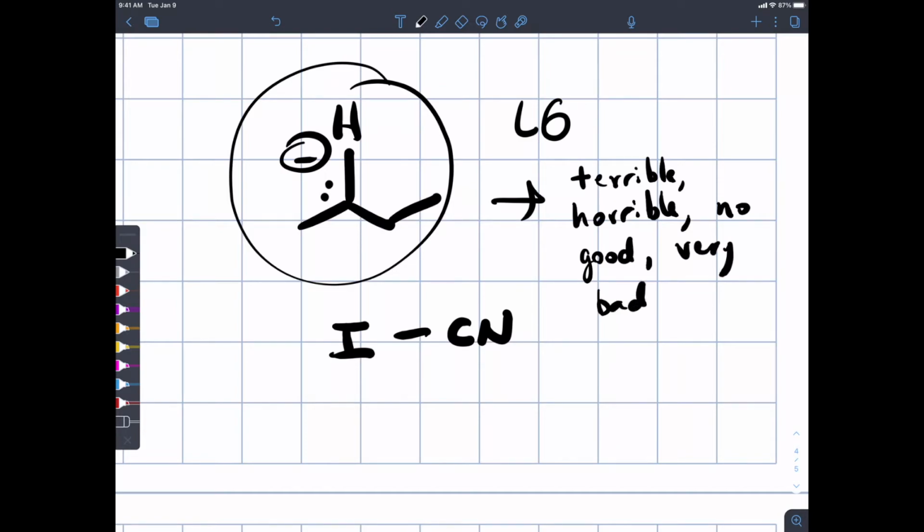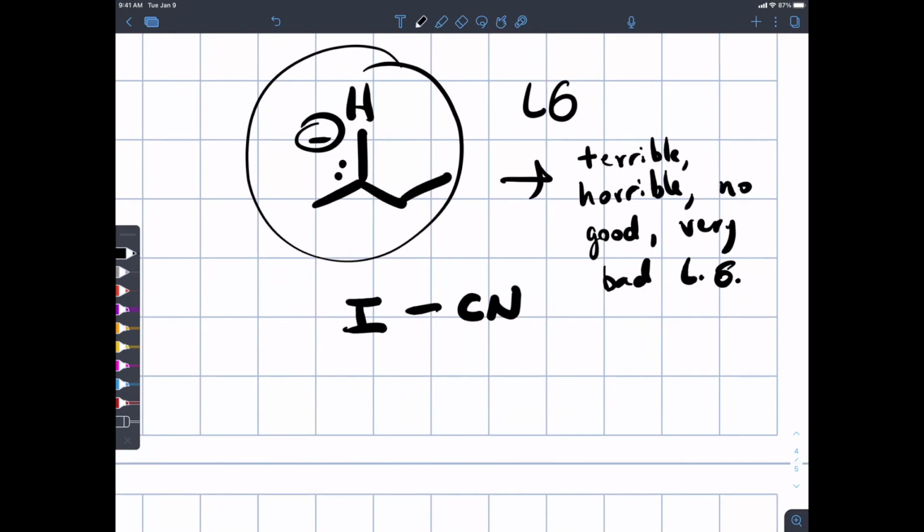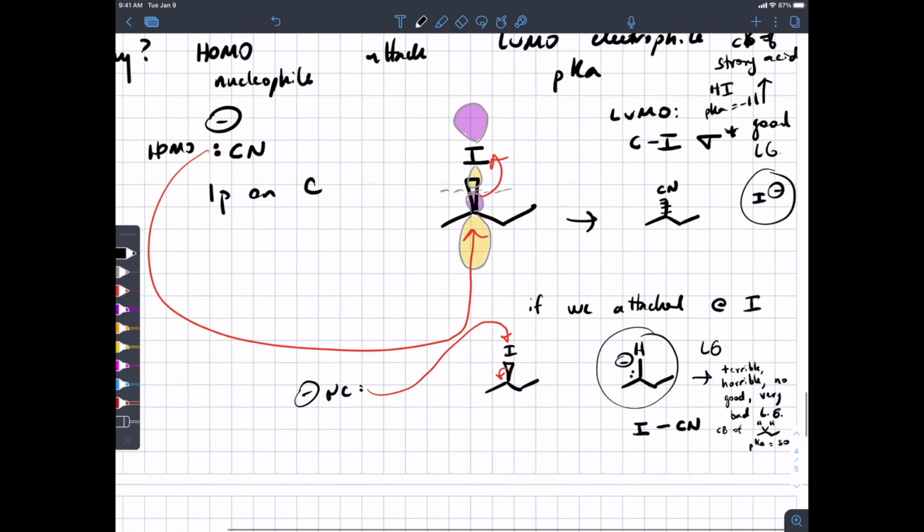And it wants to move to Australia. You can tell this because it is the conjugate base of a terrible, horrible, no good, very bad acid, which is butane. Nobody orders a balloon of butane to use as an acid, and the reason is that its pKa is 50. So you've got 60 orders of magnitude favoring this situation versus that one. So yeah, that's why we don't attack at the iodide.